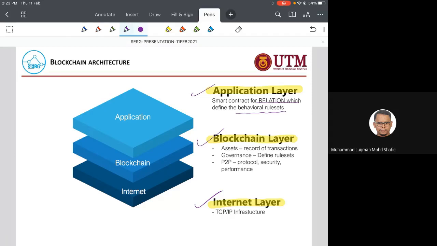At the blockchain layer, this is where the block is, for example the asset, the record of the transaction, the ledger, the governance of the data, the governance of the elements of the blockchain, and then the elements of the P2P protocol, security and performance. Especially for the software engineering discipline, we want to look in depth at the blockchain layer and the application layer.